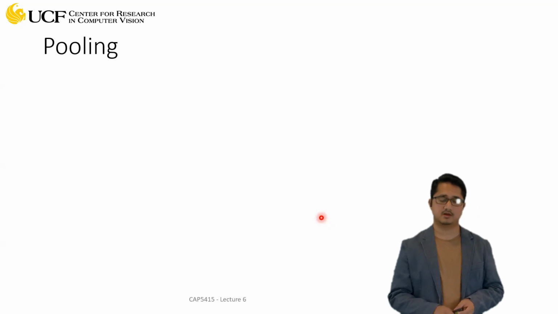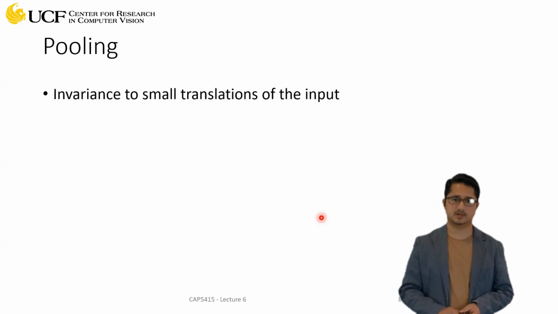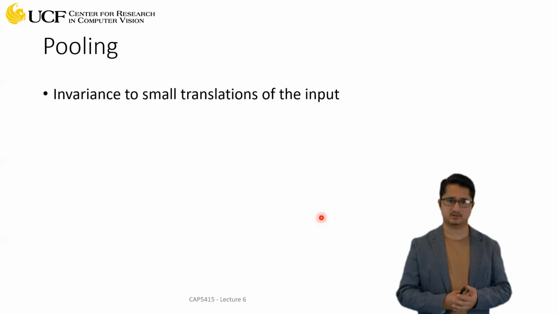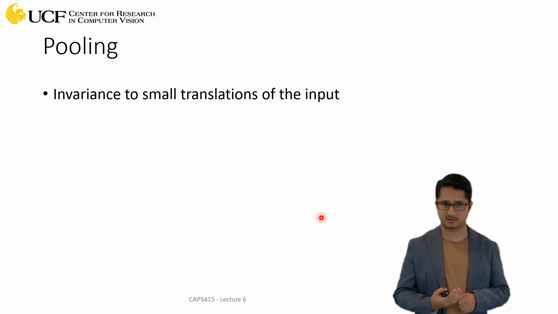Now, the next interesting operation is pooling. And again, there are several different reasons why pooling is useful in your CNNs. I will give you a couple of those. The first interesting aspect is it helps you in reducing the memory consumption.